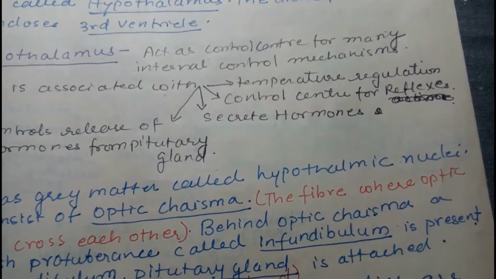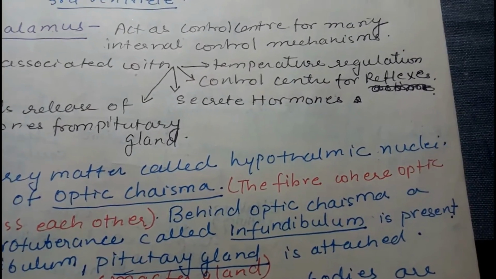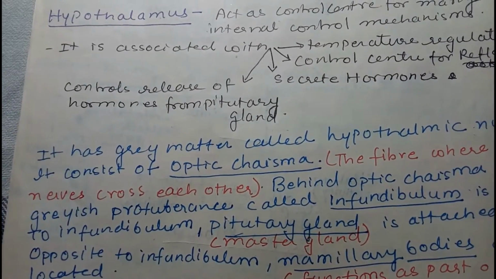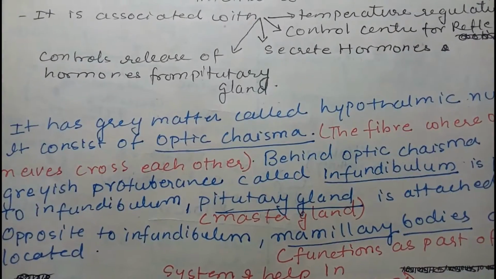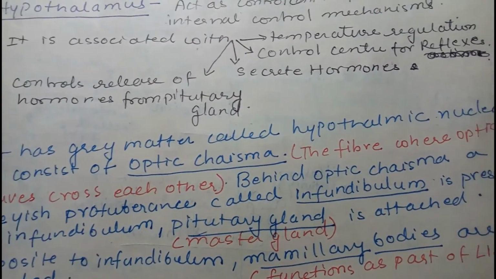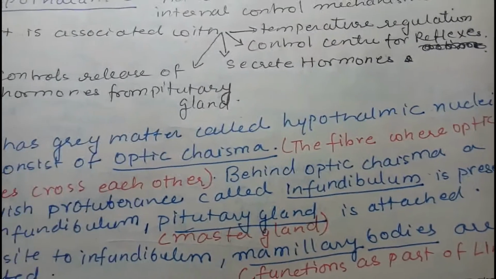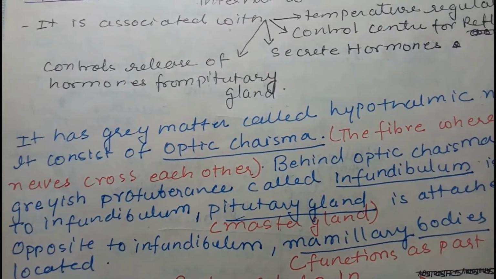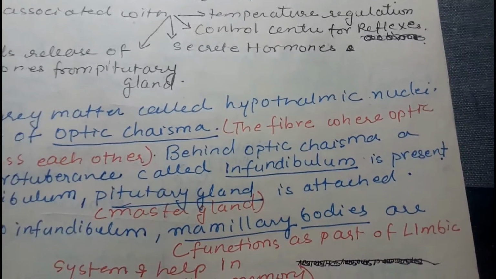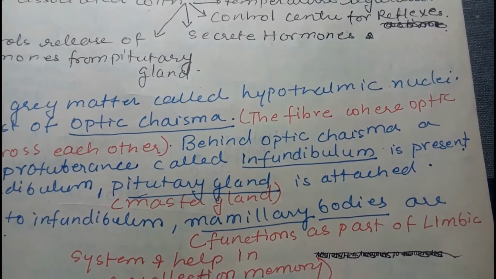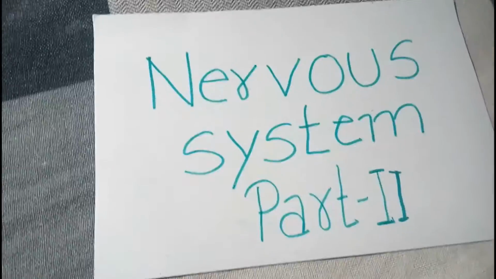Optic chiasma is where the optic nerve fibers cross each other. Behind the optic chiasma is a grayish protuberance called infundibulum, and at the end it bears the pituitary gland. Pituitary gland is the master gland, and on the opposite side of the infundibulum the mammillary bodies are located, and they function as part of the limbic system in the recollection of memories.